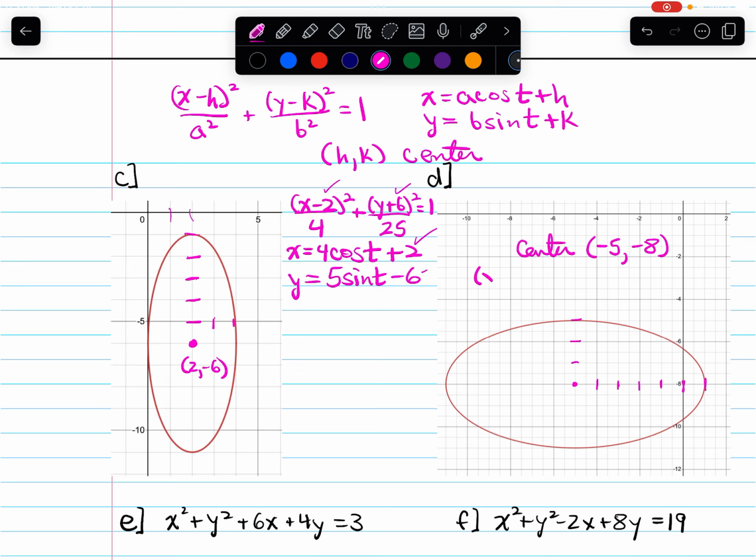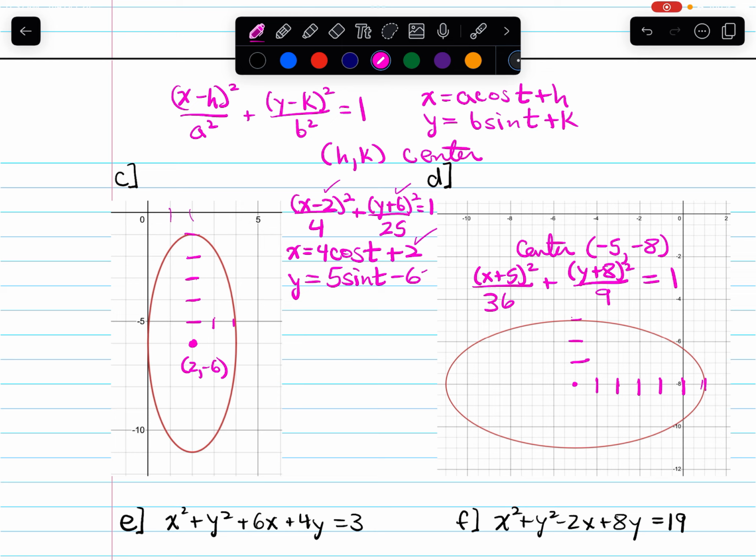So it's going to be x plus 5 squared over something plus y plus 8 squared over something. Now let's see what goes under the y. Looks like 1, 2, 3, so that's 9. Over here, 1, 2, 3, 4, 5, 6, so that's 36.